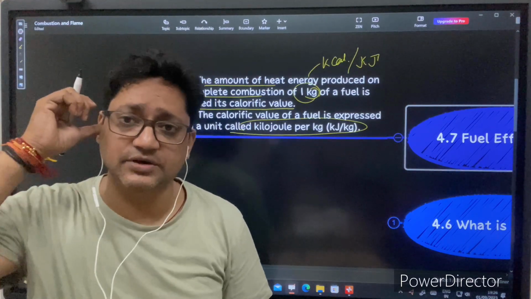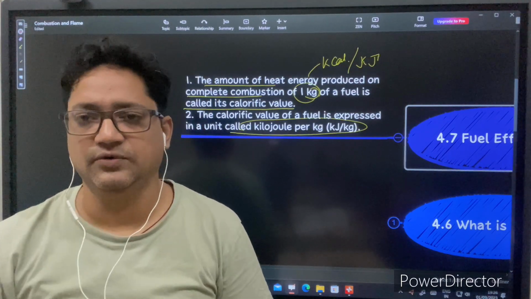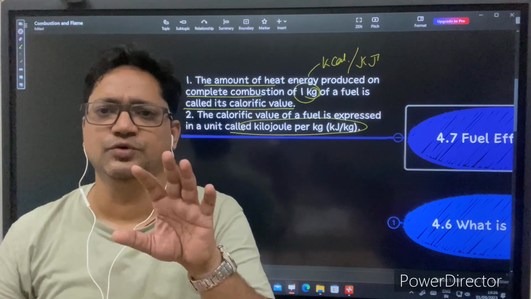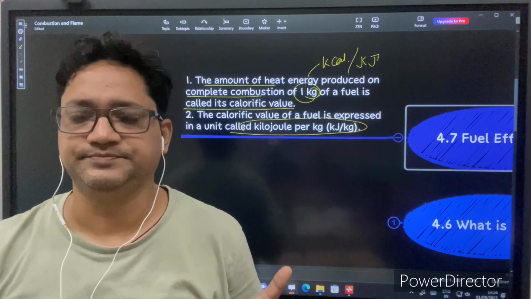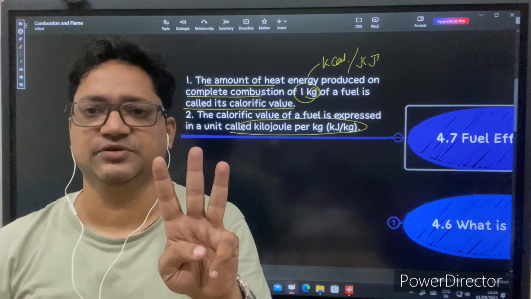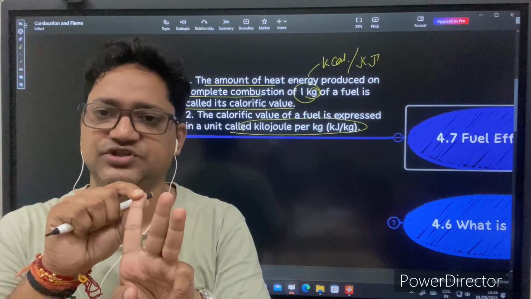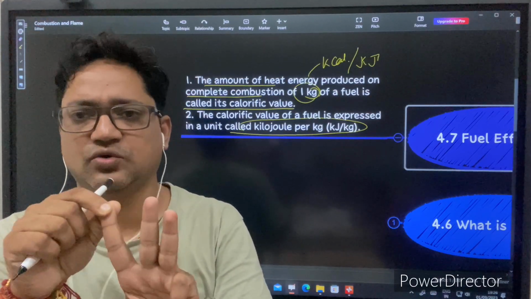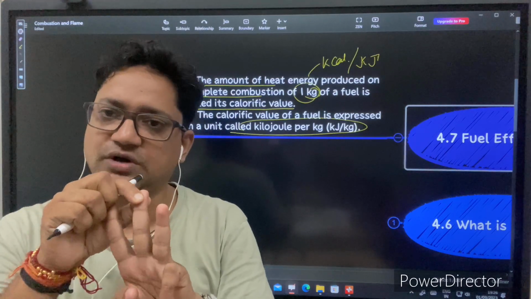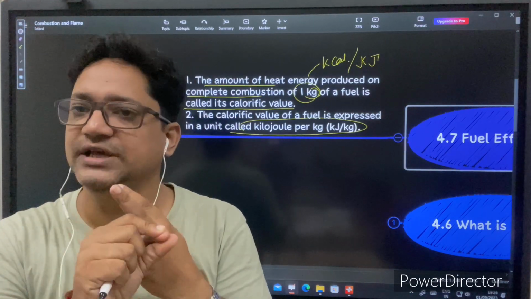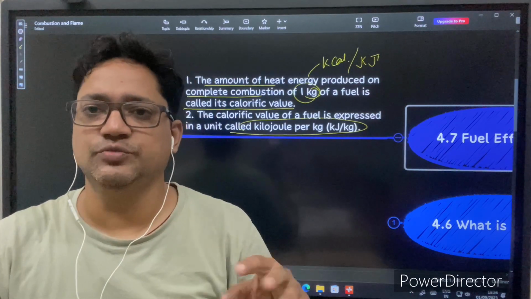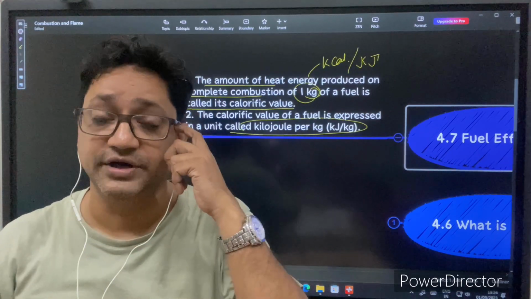Now, how are you going to understand the calorific value of a particular substance? Suppose you need to boil water, and I am giving you 3 types of fuels. One is simple coal or charcoal, one is cow dung, and the third one is LPG. Which one is going to boil the water in a faster way?